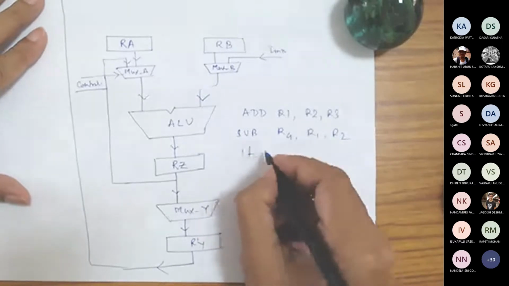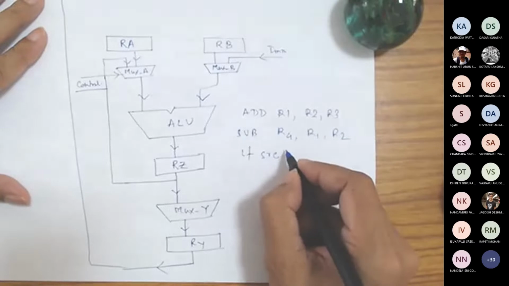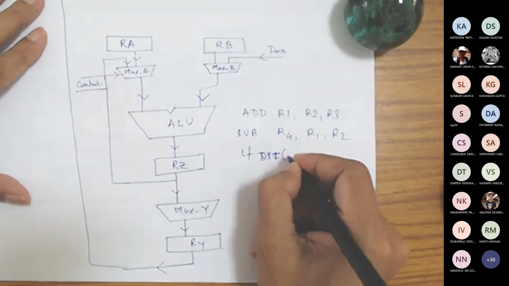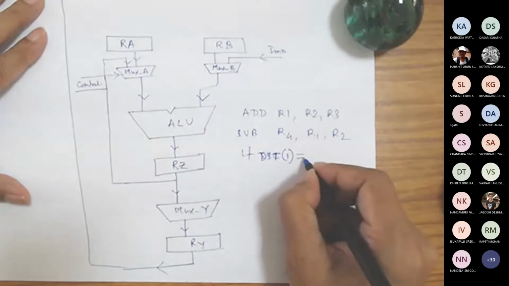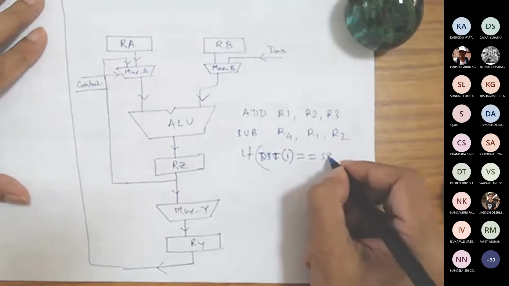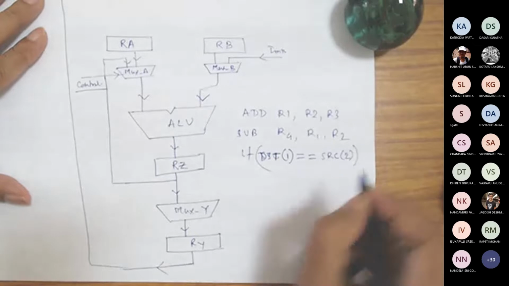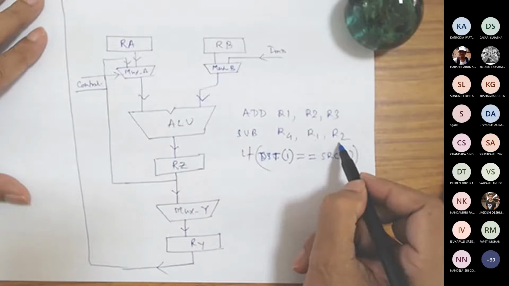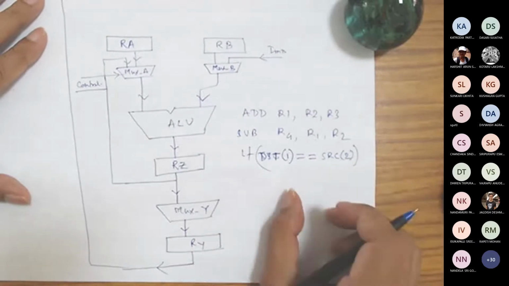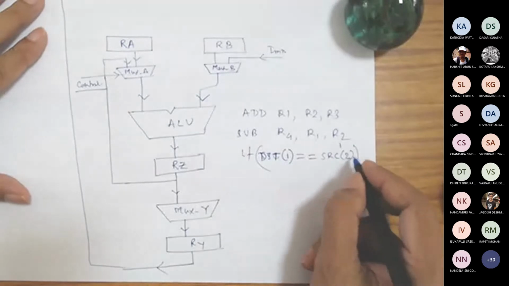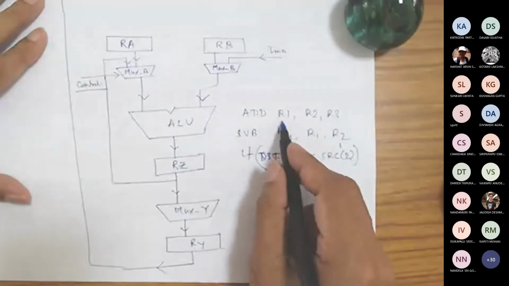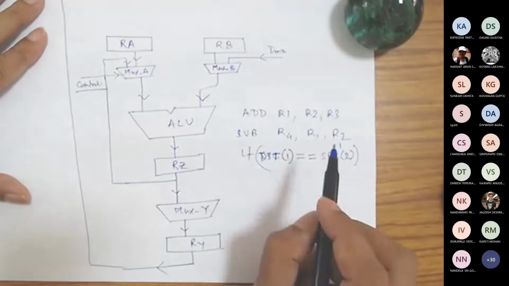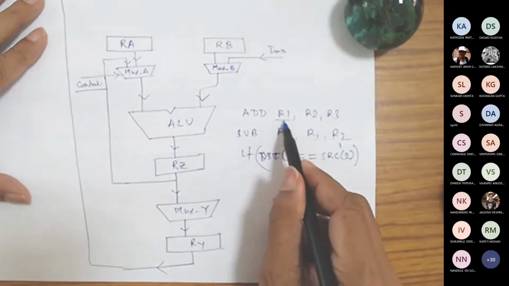If destination of 1 is equal to source 2. Source 2 you need to check against this one as well as this one also. So you can have another condition, source 2 1 and source 2 2, something like that. So R1 will be checked with R1. These are not the values, remember, these are not the values. We are checking the register number.